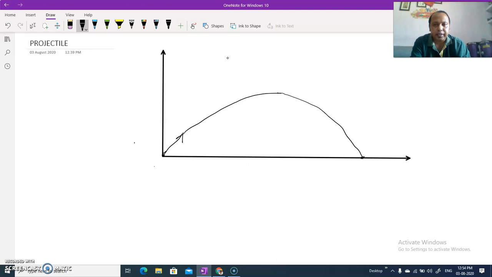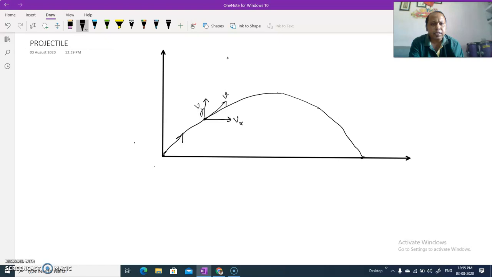Always remember, whenever we are considering a projectile motion, at any point, the velocity is given by the tangent to the path. Like this is the direction of velocity, and it has two components. Along the x-axis, let it be given by vx, and along the y-axis, let it be given by vy. Everywhere you will find these two components.